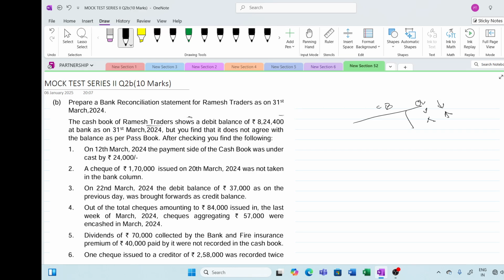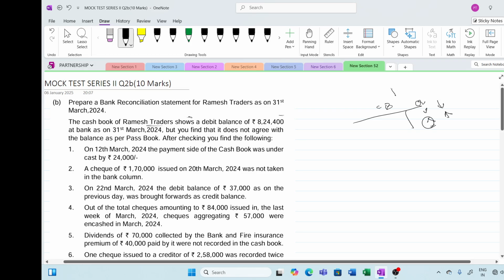Undercast is also one way of not writing something, when you totally ignore an item. When you ignore an item, your balance will go up.